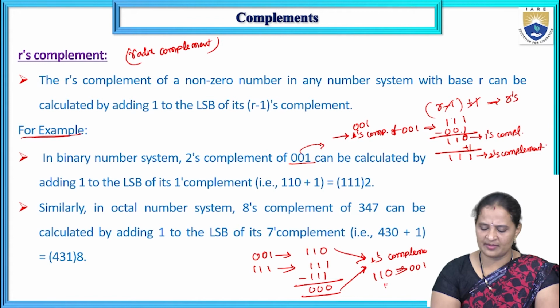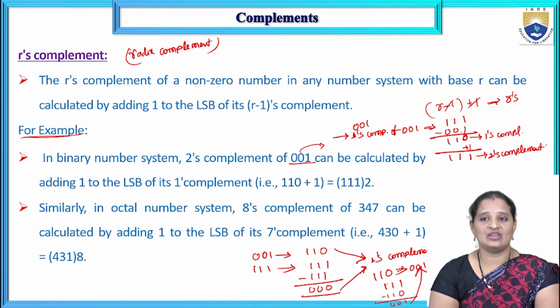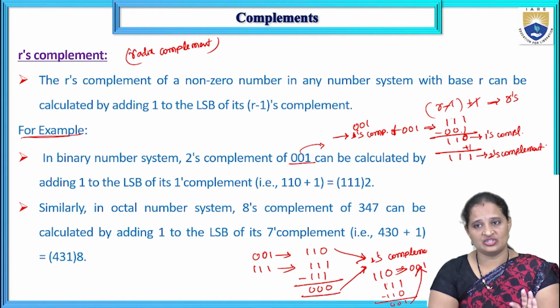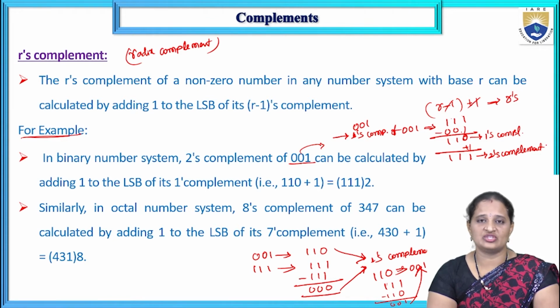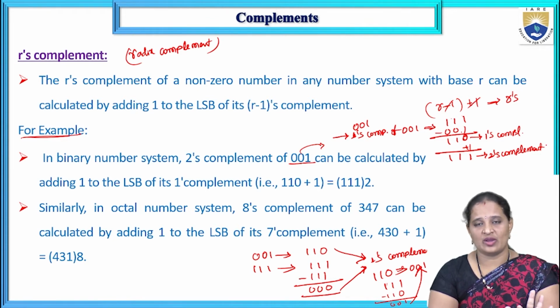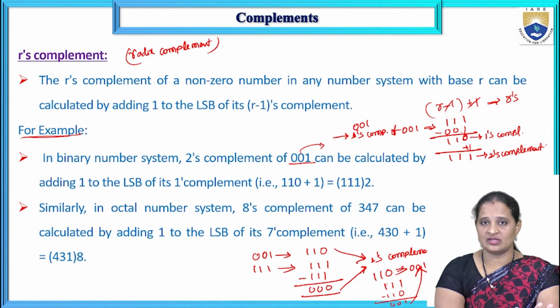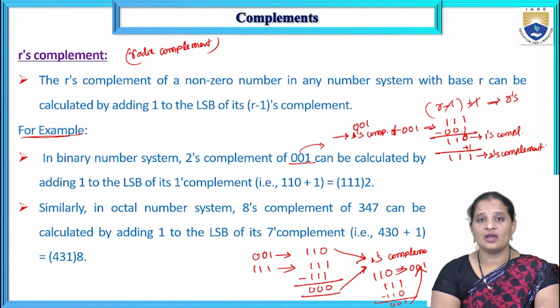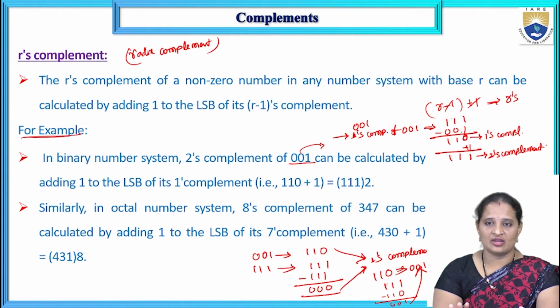Even if you do the same thing, 1, 1, 1 minus 1, 1, 0, 1 minus 0 is 1, 0, 0, 1. So this and this are the same. Either you can subtract each digit from 1, or else simply change the 1's to 0's and 0's to 1's. This is only applicable for the 1's complement, not for 9's, 7's or 15's complement.